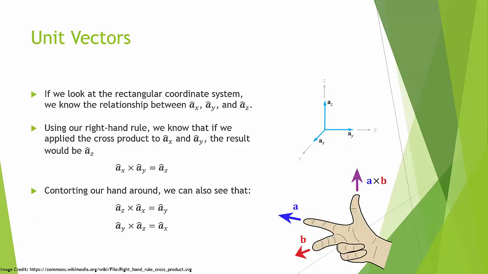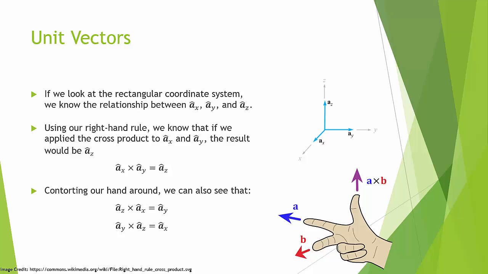How can we use this in terms of manipulating unit vectors and seeing the interactions between them? We started doing this with the dot product, seeing how these unit vectors interact. And we're going to keep focused on our rectangular coordinate system. Let's look at the relationship between a hat x, a hat y, and a hat z really quick. They're all perpendicular, right?